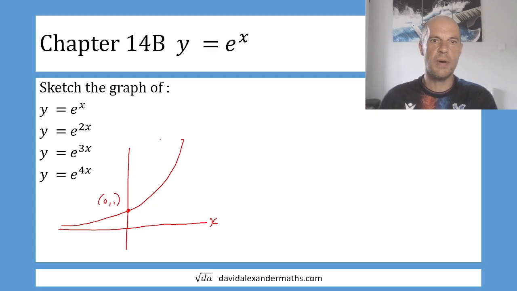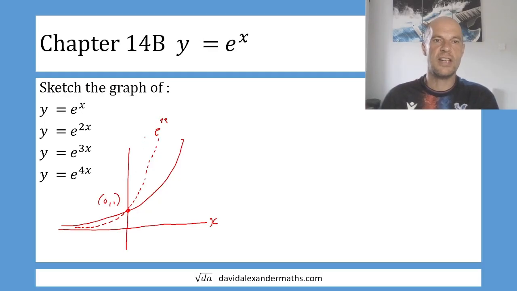Now e to the 2x is going to be similar but just much steeper. So this is y equals e to the 2x. It goes through 0, 1, whereas it's above e to the x when we're getting positive x values. When we're getting negative x values, it's going to dip underneath, but again, it's never going to cut through the x-axis. The x-axis is still an asymptote.